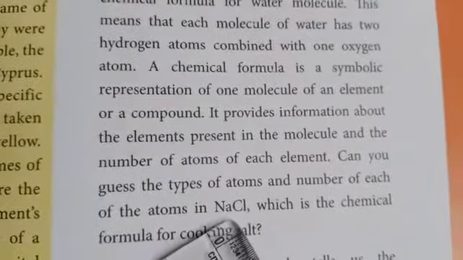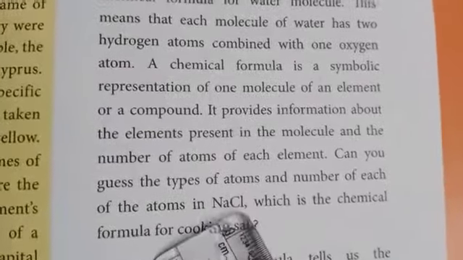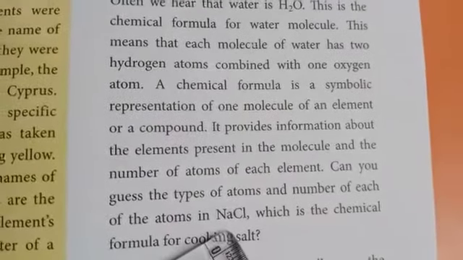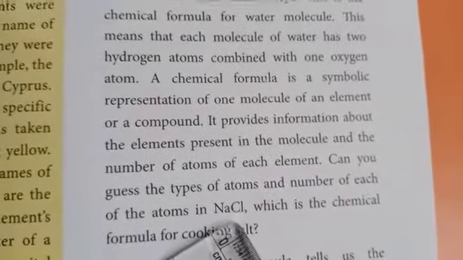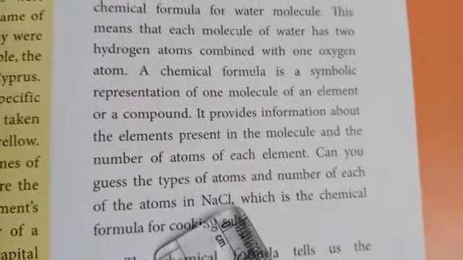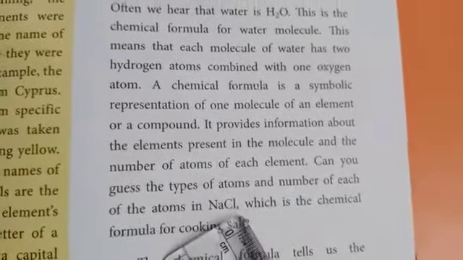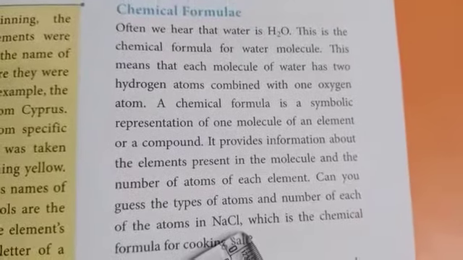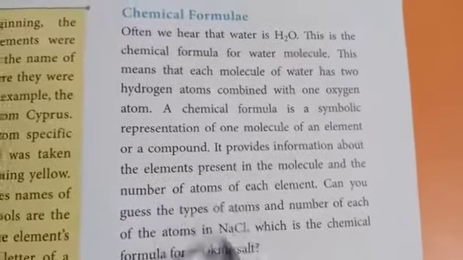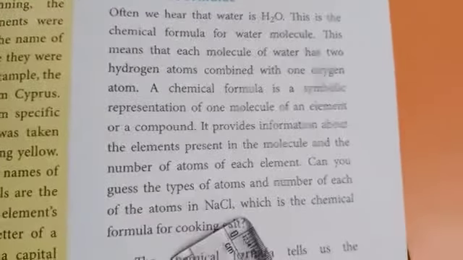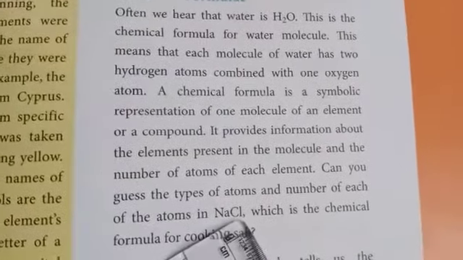See here how many sodium and chlorine atoms are present: 1 atom of sodium and 1 atom of chlorine. So what is the information? Sodium chloride is used for cooking salt, isn't it?